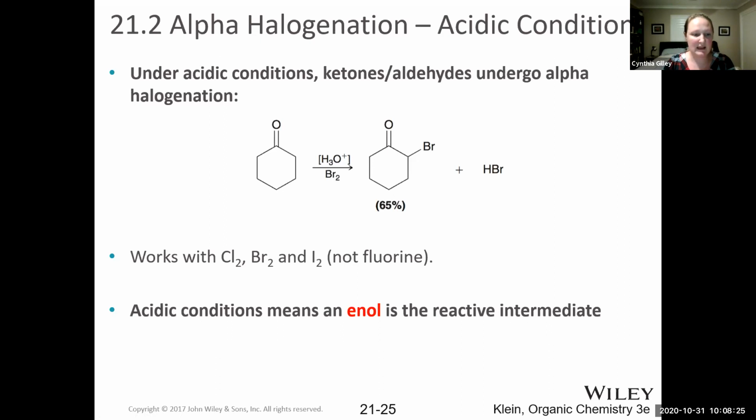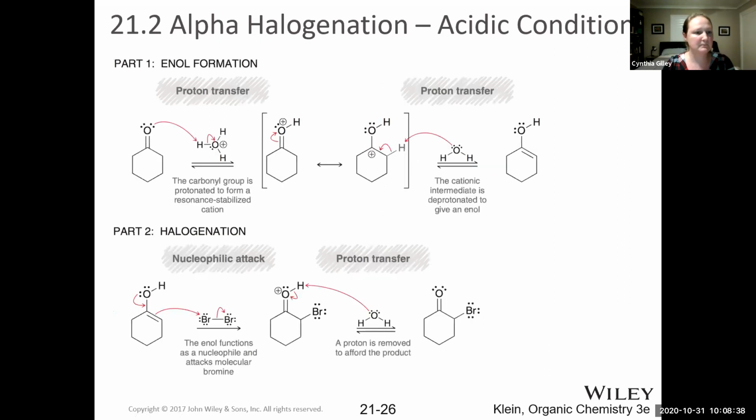with fluorine. Again, acidic conditions mean that an enol can be formed, and the alpha carbon of the enol is the reactive intermediate. So let's look at the mechanism. Starting with the ketone, under catalytic acid conditions, we saw the reaction before where we convert the ketone to its enol tautomer.